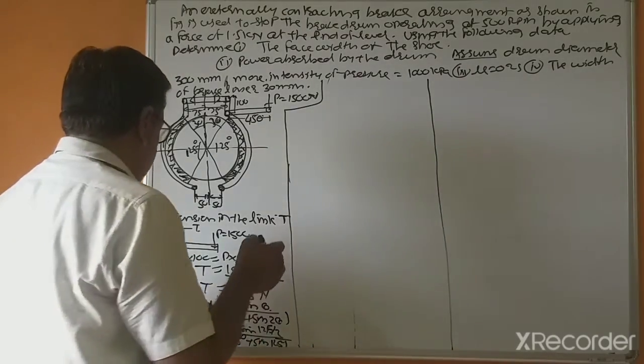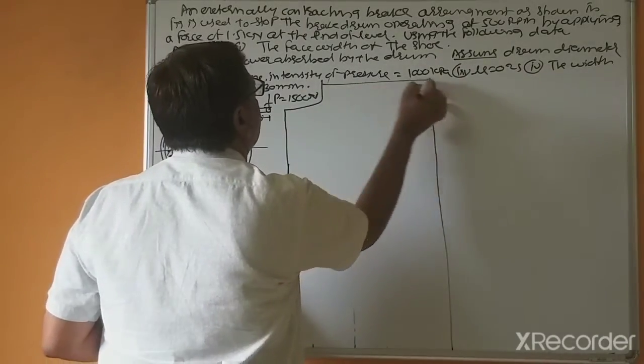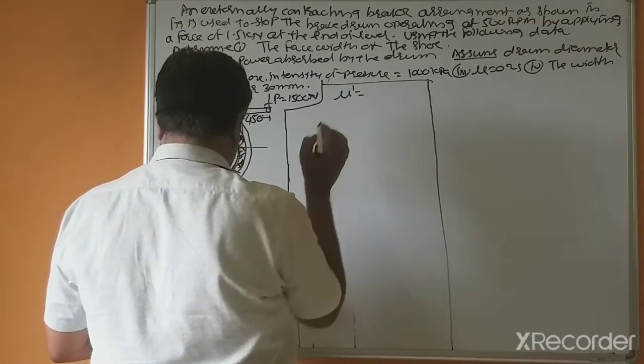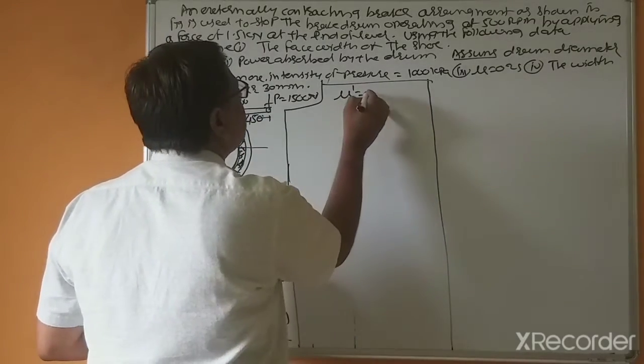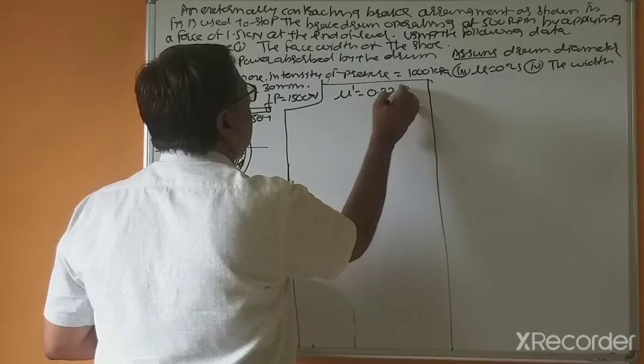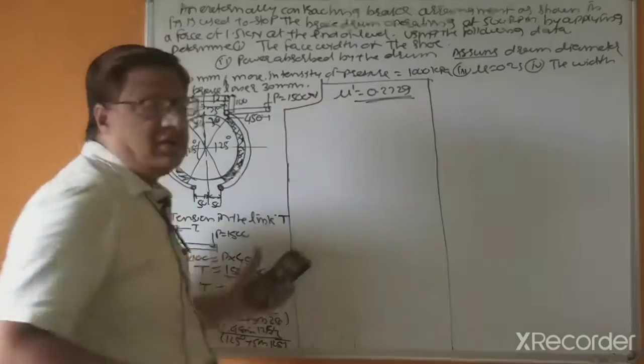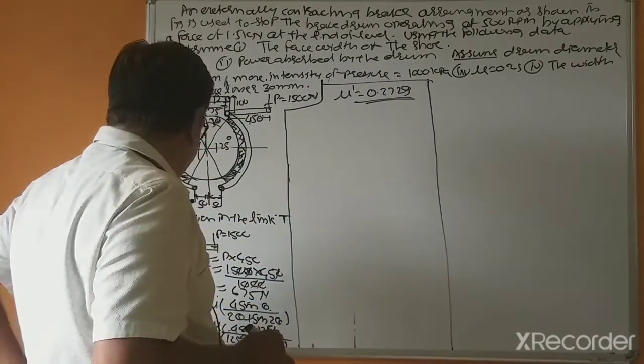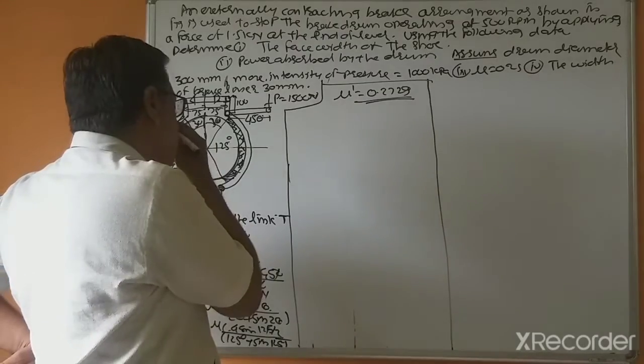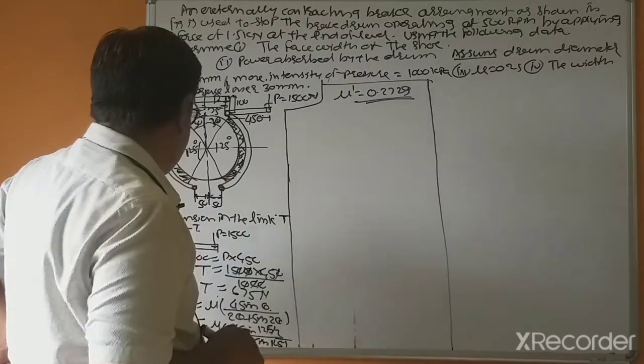So this is mu dash equal to equivalent coefficient of friction, 0.2729. This is the equivalent coefficient of friction because this angle is more than 45 degree or 60 degree.